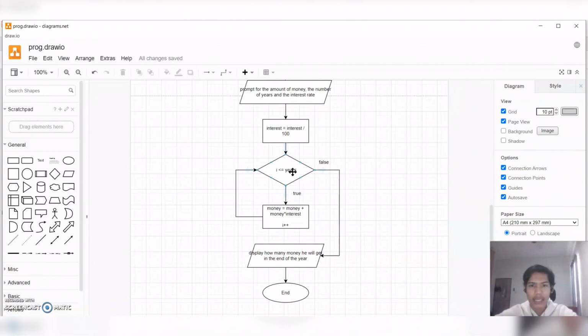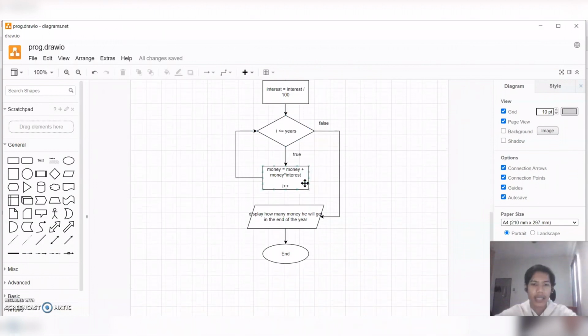As example, the years is 2, and then 1 is less than 2. So it is considered as true, and then it will move to the next step, that is money equals to money plus money times interest. So this is our calculation for how the interest works and the money.